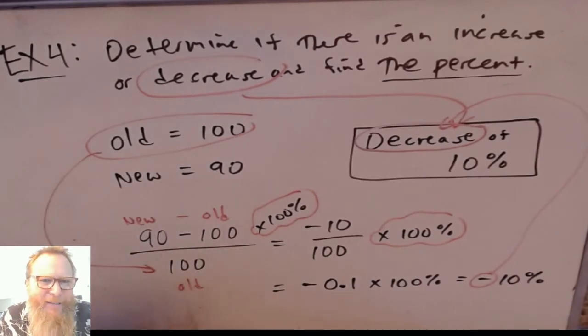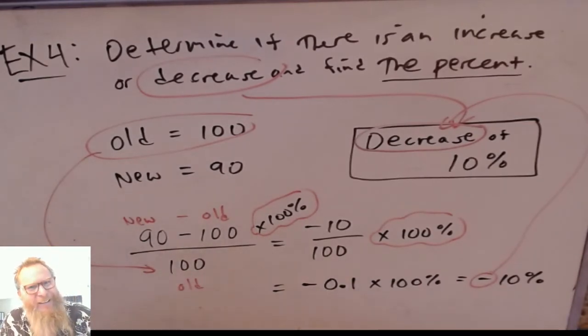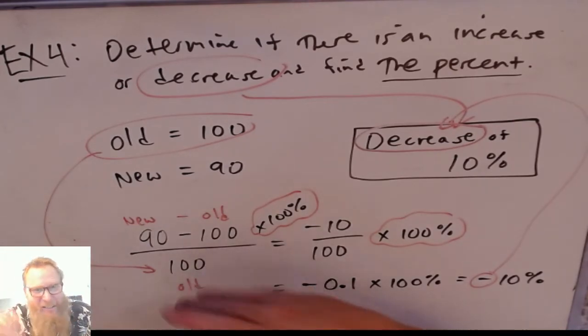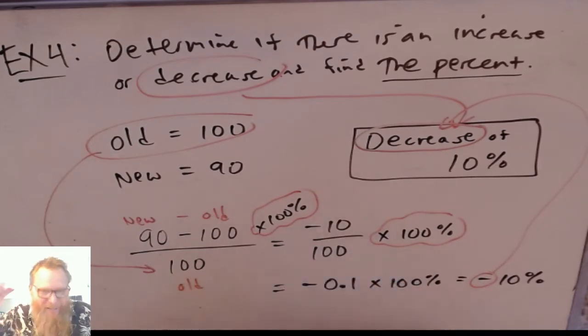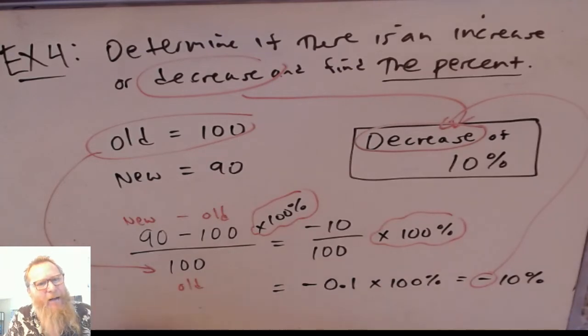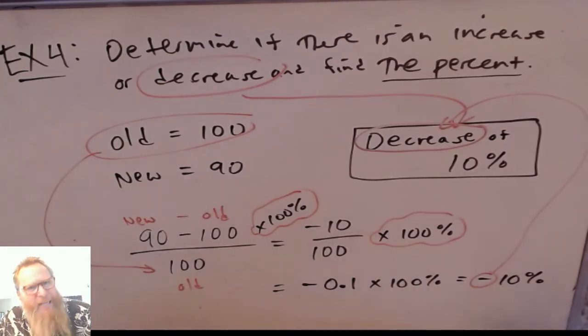Which, by the way, that's what a negative sign means, right? I mean, it's kind of always meant that. If something goes down, it's decreasing, it's subtracting. It's minus, it's going down. If something's increasing, it's positive, it's going up. So this fits right in with our understanding of positive and negative numbers anyway.